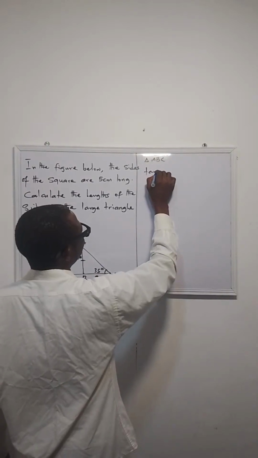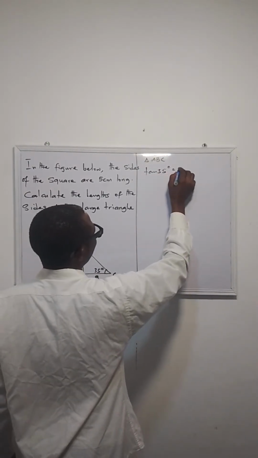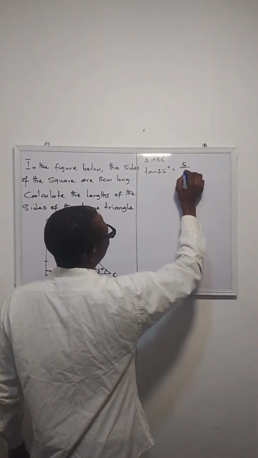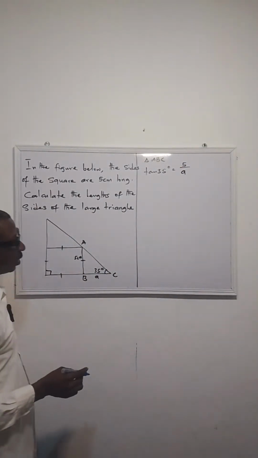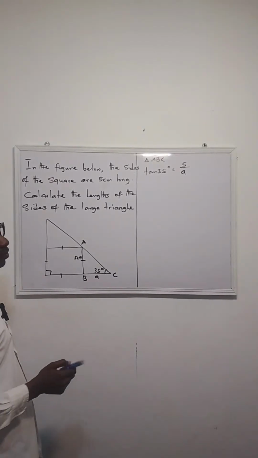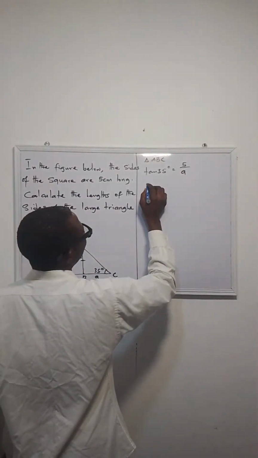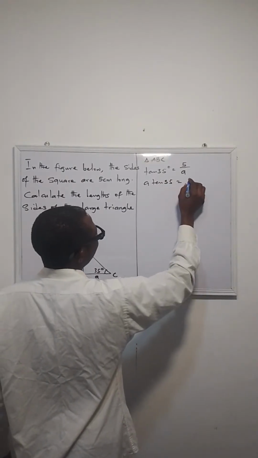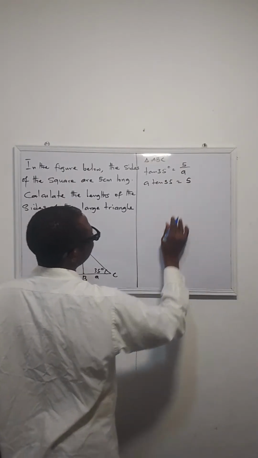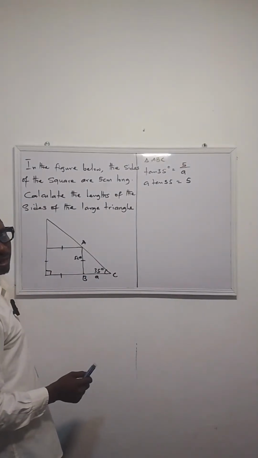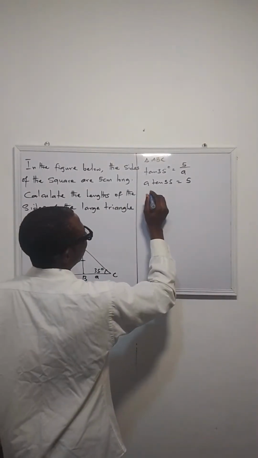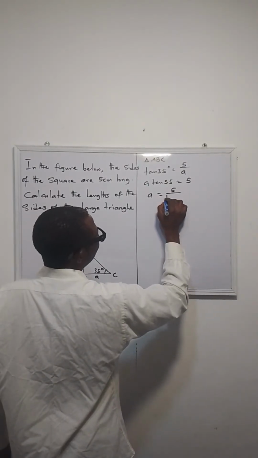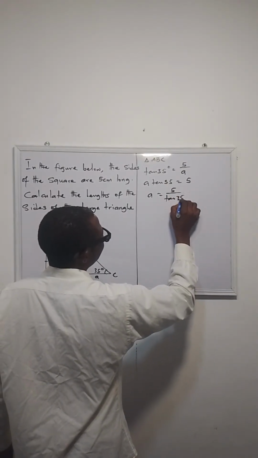So tan 35 degrees equals opposite, which is 5, over adjacent, that is A. Now we cross multiply, so you have A tan 35 equals 5. Divide both sides by tan 35, so we have A equals 5 over tan 35.